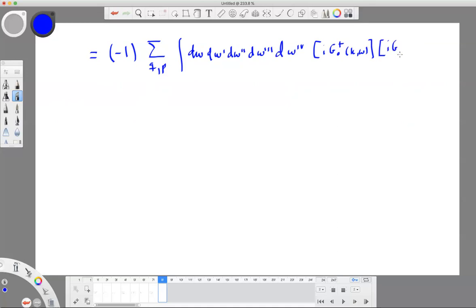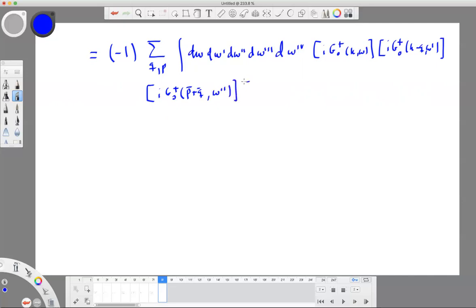None of this involves time, so we can take them out from the time integrals. So K minus Q, omega prime. And then we're going to have i G0 plus, P plus Q, and omega double prime.